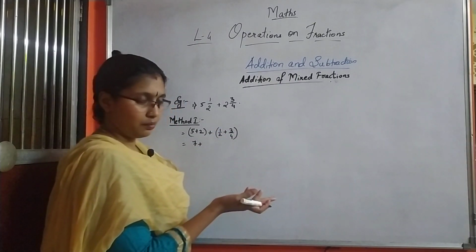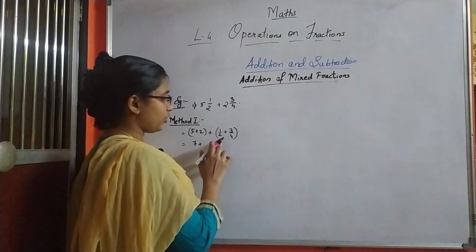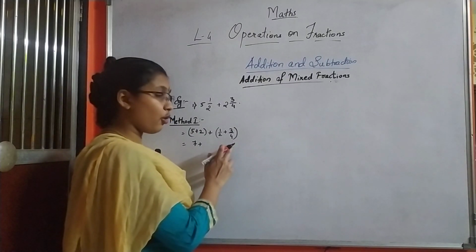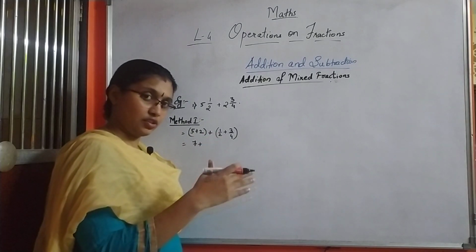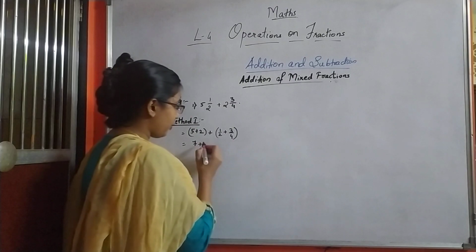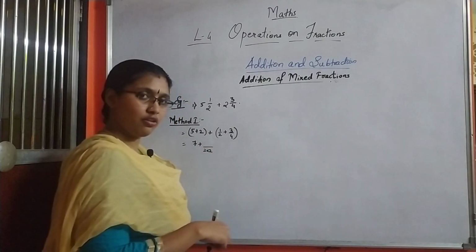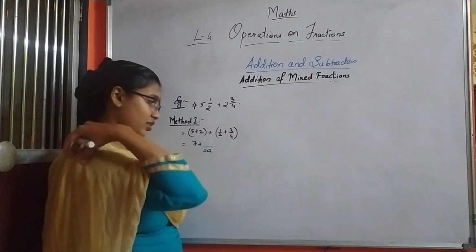So 4 is a bigger number, so we can check if we can have a common denominator. So in 2's table, will we get 4? Yes. 2 1s are 2, 2 2s are 4. So 2 2s are 4, we are getting it. So we'll multiply 2 with 2 again to get the denominator 4, so that I can have both the denominators same.